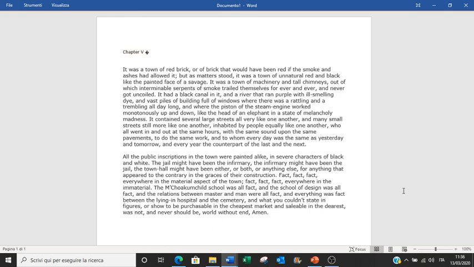Okay, and this is the first part. Then in the second line we see it was a town of unnatural red and black, like the painted face of a savage. So we have the dominion of these two colors, red and black, that of course are related to something completely unnatural and artificial again, because they are not the normal colors of nature.